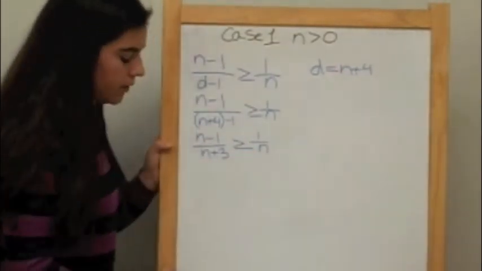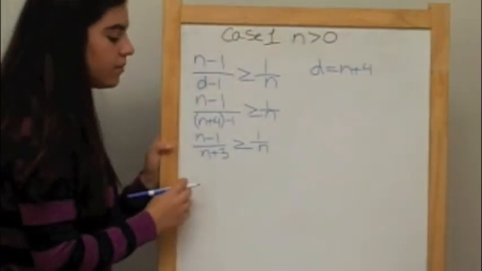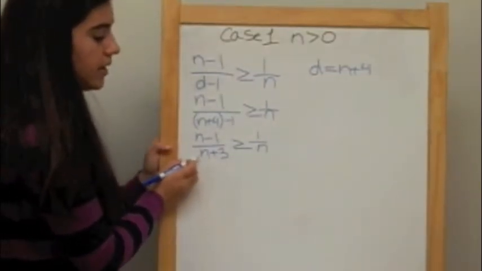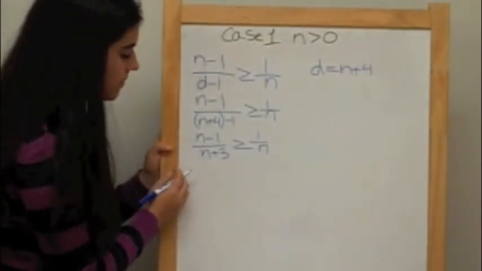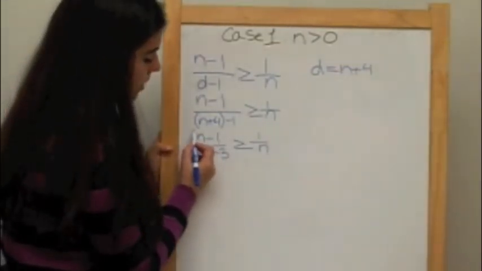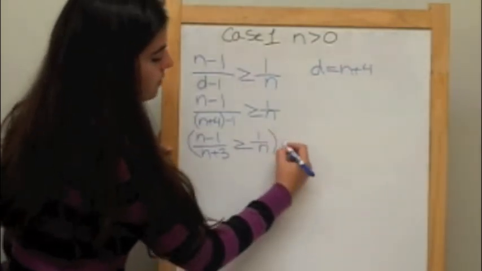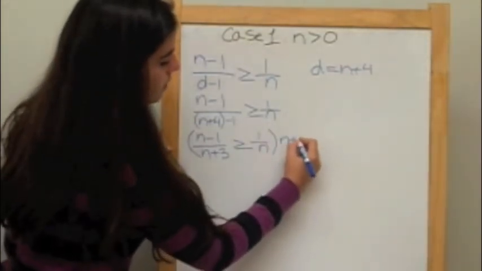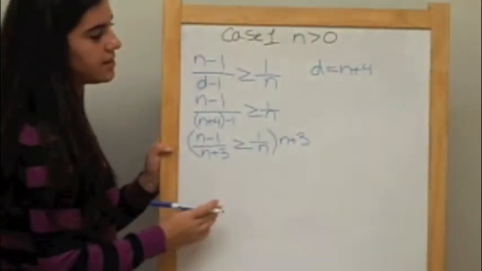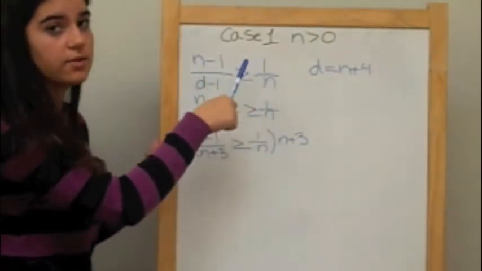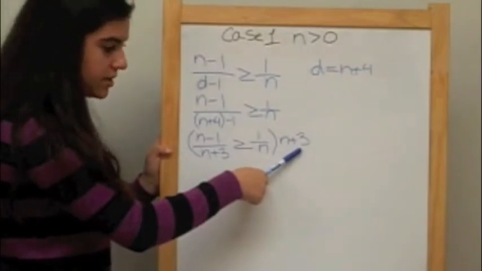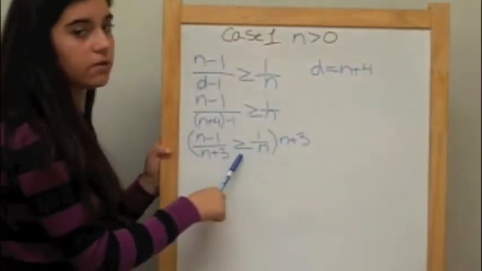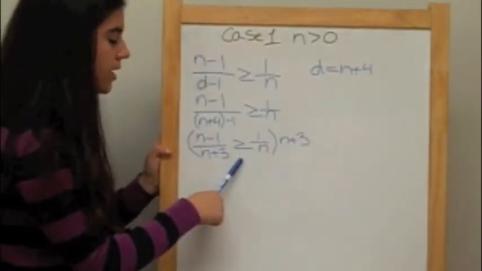Now, what we are going to do is multiply by n plus 3 and n in order to remove them from the denominator position. First, we can multiply by n plus 3. Remember that since n is greater than 0 in this case, n plus 3 will always be a positive number, and therefore we do not need to switch the inequality sign.